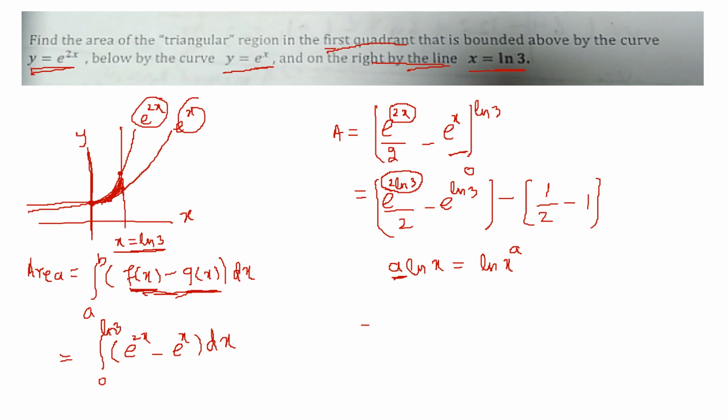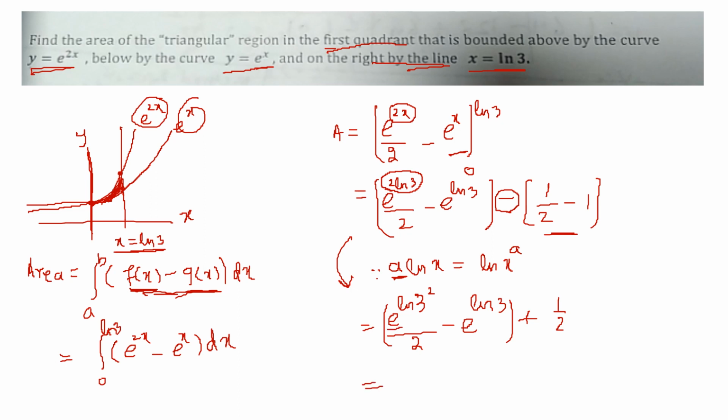So our term becomes e raised to the power ln of 3 squared, divided by 2, minus e raised to the power ln of 3, that is the second term, minus 1 by 2 minus 1. That is minus 1 by 2, and the negative sign is outside the bracket, so this becomes plus 1 by 2.